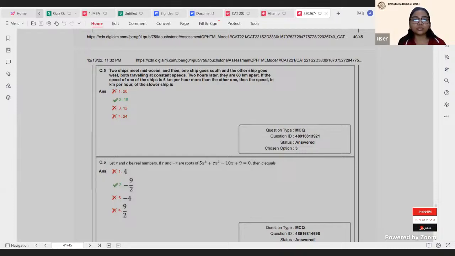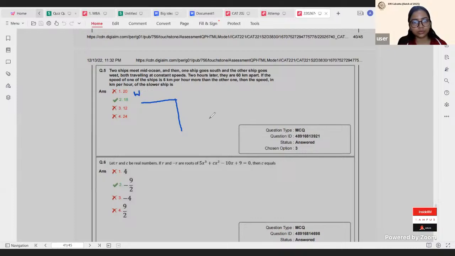In order to go ahead with this question, this is not even trigonometry, primarily just solving an equation. Here we've been told that after meeting, one ship goes south and the other ship goes west.